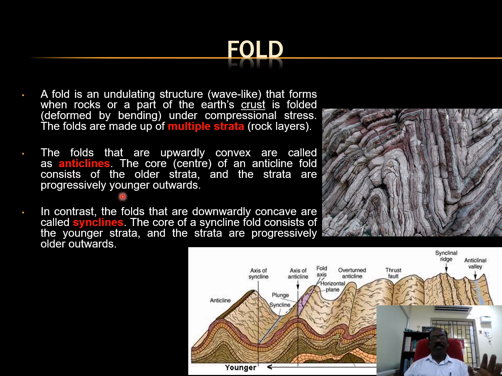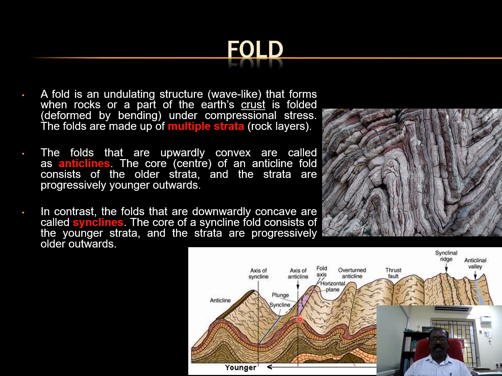So the folds that are upwardly convex are called anticlines. You can see here how it looks like. This is called an anticline. This is called a syncline. Here what you are seeing is the axis of the anticline.